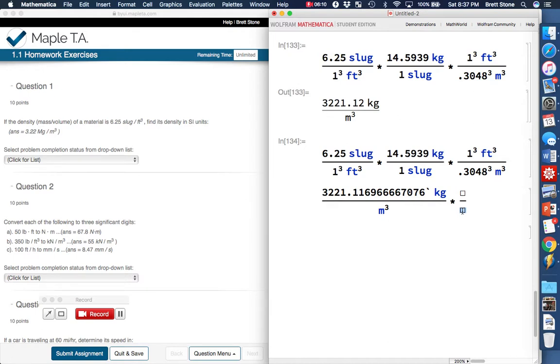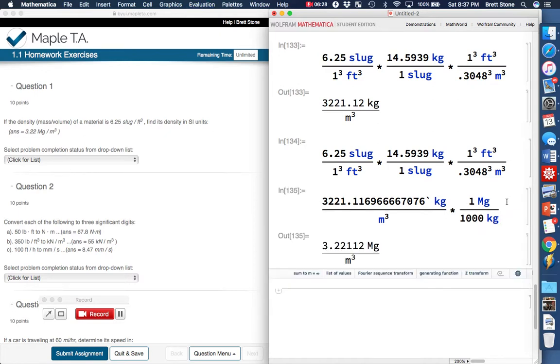So megagrams is 1,000,000 grams. Kilograms is only 1,000 grams. So there are 1,000 kilograms in 1 megagram. So those should cancel out. And now if we do Shift Enter, look at that. I've got 3.221 megagrams per cubic meter. Ta-da!